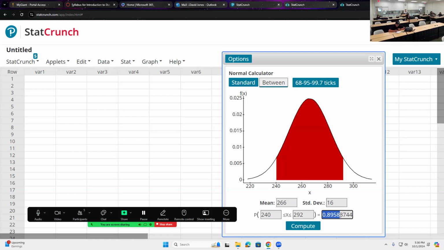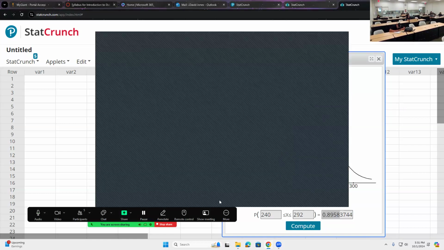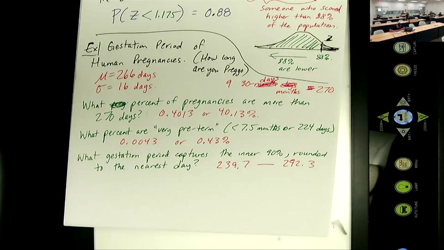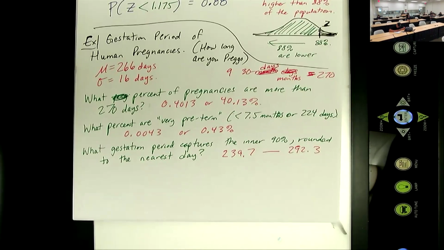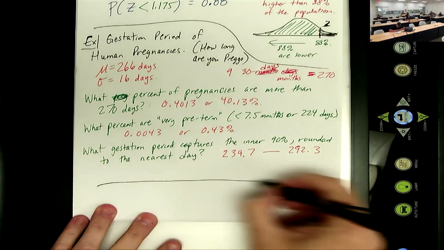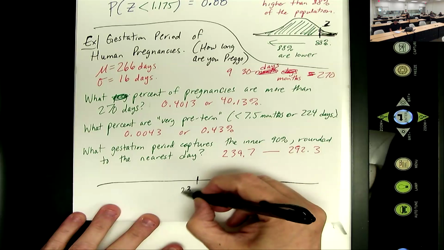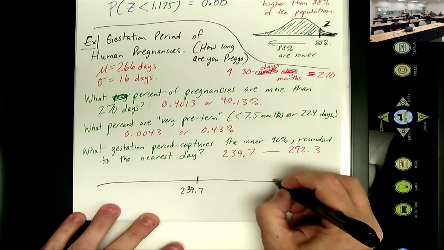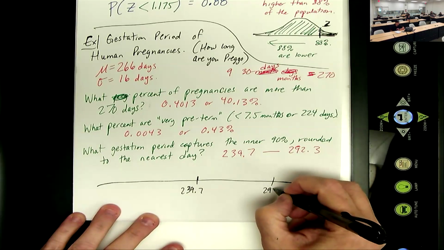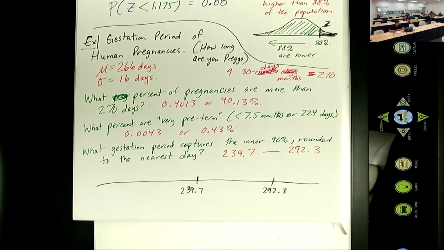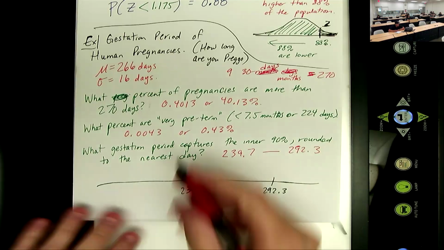So I'm going to show you what's happening pictorially. We have that number line over here, we had the 239.7 and the 292.3. And if we go to 240, 240 is here.